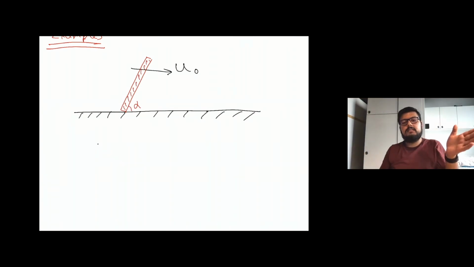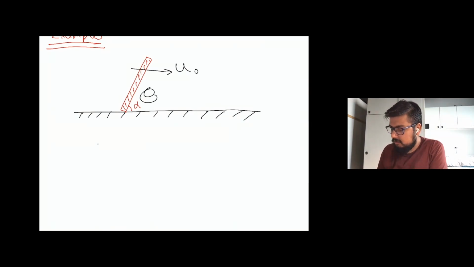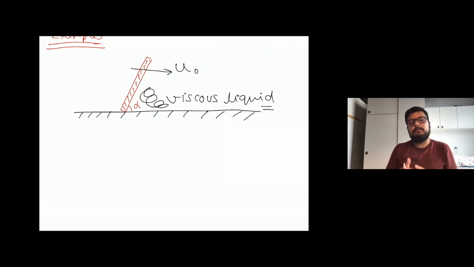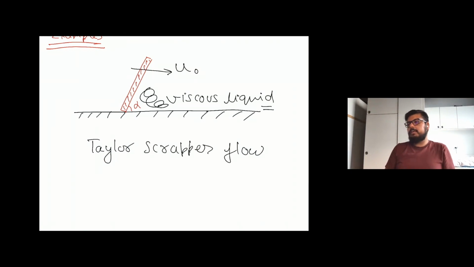And as this plate moves with a velocity u naught, it carries the viscous liquid along with it. So such problems are generally referred to as the Taylor-Scraper flows. In this, a solid plate is used to scrape a viscous fluid from a solid surface.